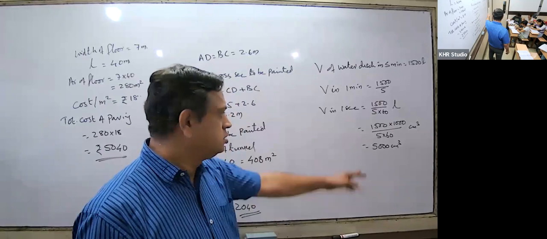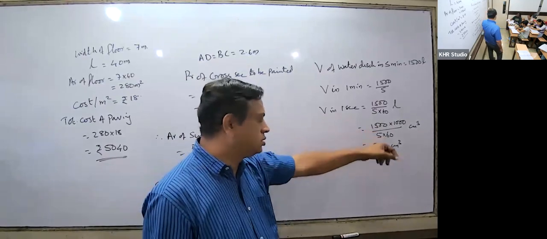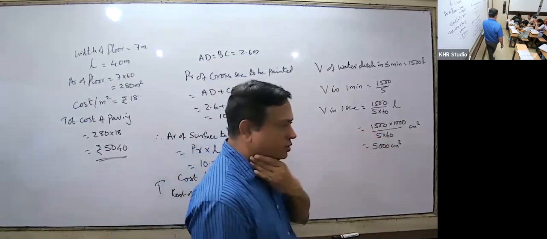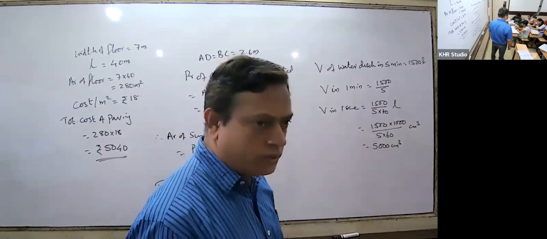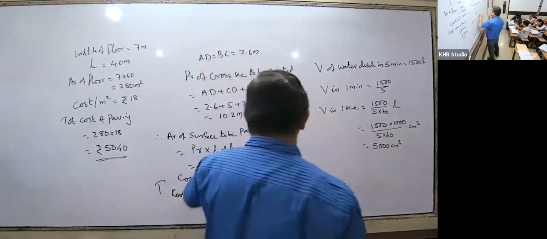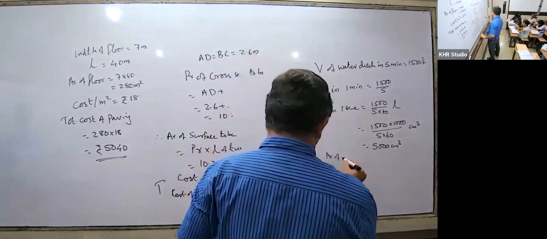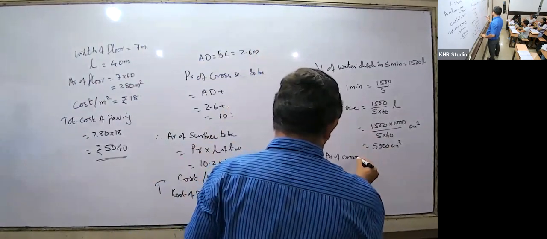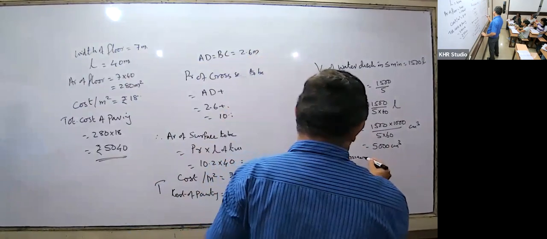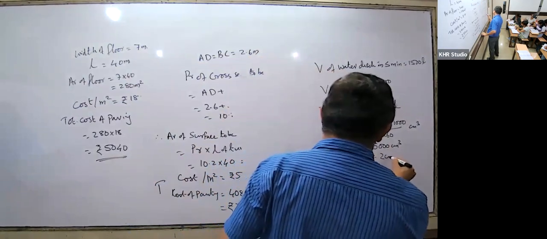Yes or no? Got this much? Now, what is the area of cross section? Cross section is equal to 2 centimeters square.